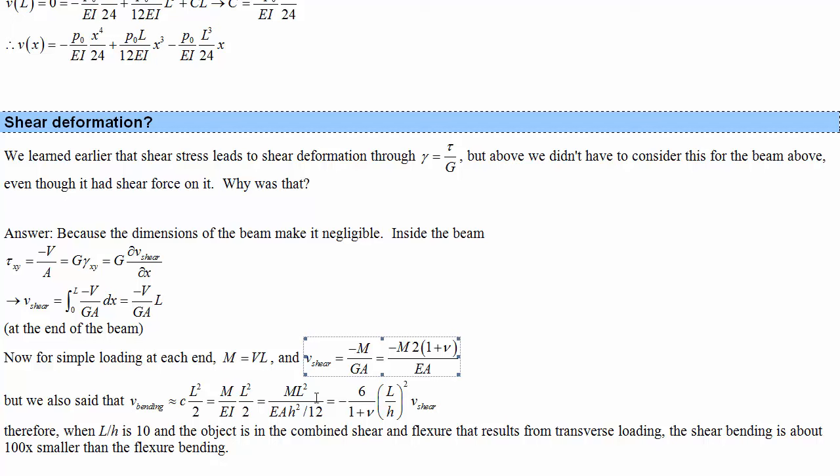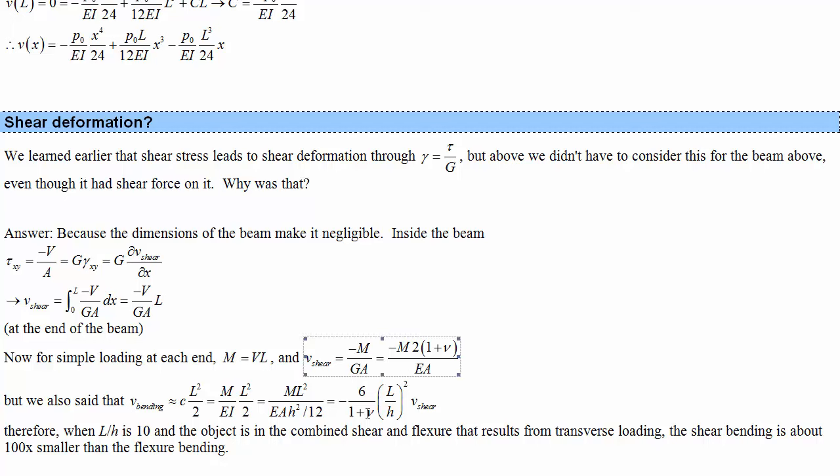Comparing the two, you can see the bending displacement is on the order of negative 6 over 1 plus nu, L over H all squared, times the shear displacement, where we're being a little bit sloppy with negative signs, just to give an idea of what the deformation is. We'll be a little bit more rigorous in some examples in the future once we've got an actual decision on what kind of loading we're talking about.